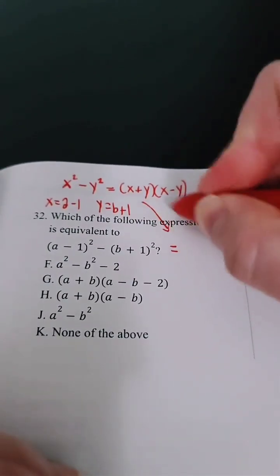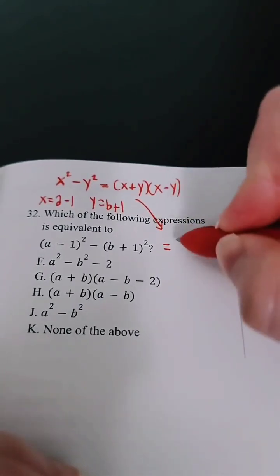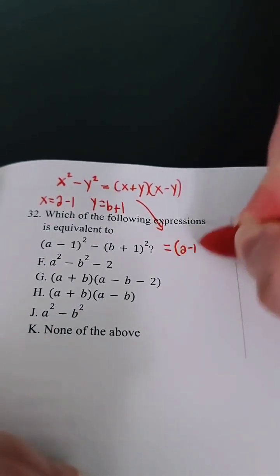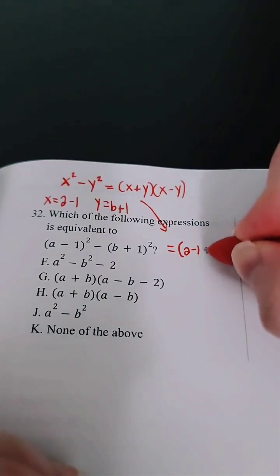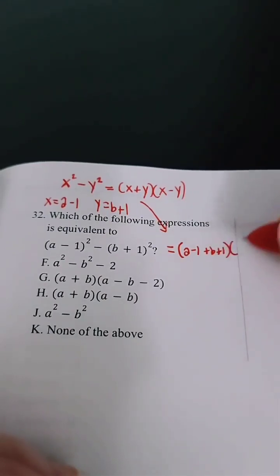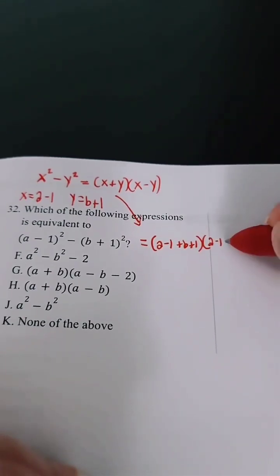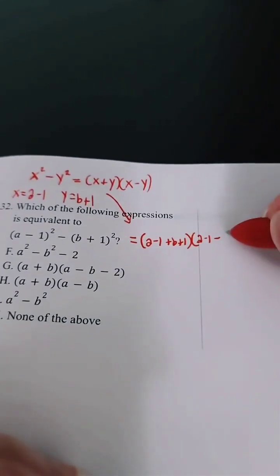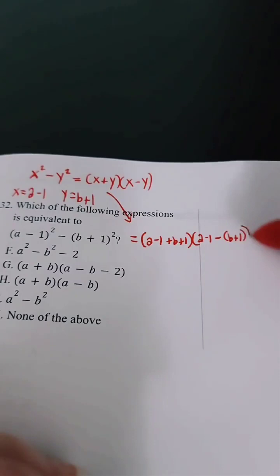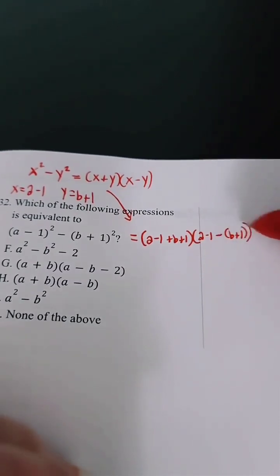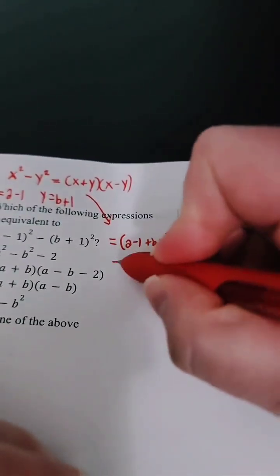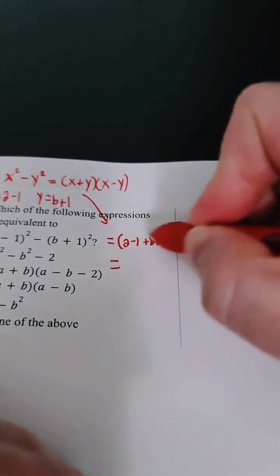I'm basically just doing the right side of this and plugging in a minus 1 for x and b plus 1 for y. And then I do the same thing over here, a minus 1, and then it's minus b plus 1. So minus the whole thing of b plus 1. That's why I'm putting it in parentheses to remember to subtract the whole thing. So now I'm going to simplify this.